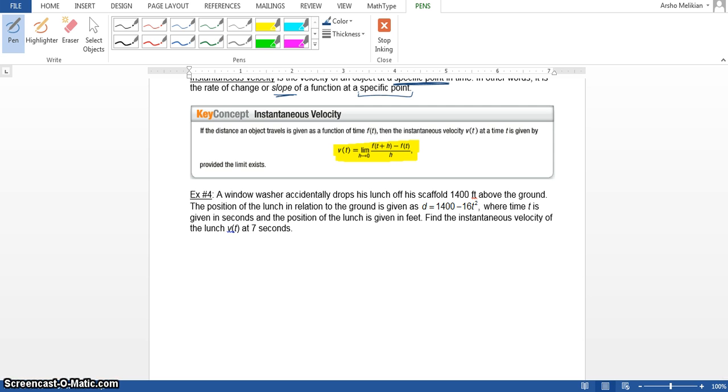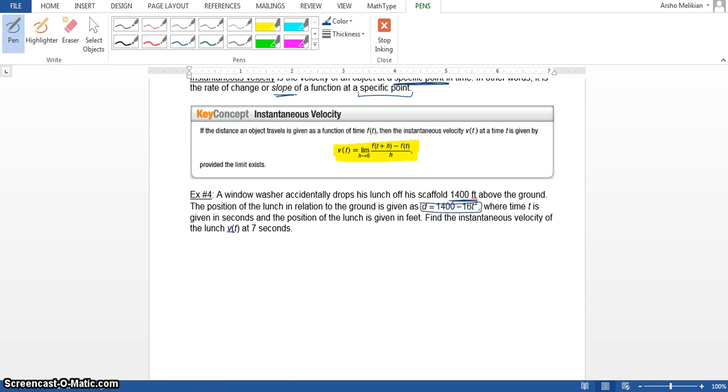All right, a window washer accidentally drops his lunch off his scaffold at 1,400 feet above the ground. The position of the lunch in relation to the ground is given as this. Okay? This is a basic formula for any object that's falling freely. You just plug in your specific parameters, like where it fell from, was it at rest when it was falling, and you get this.